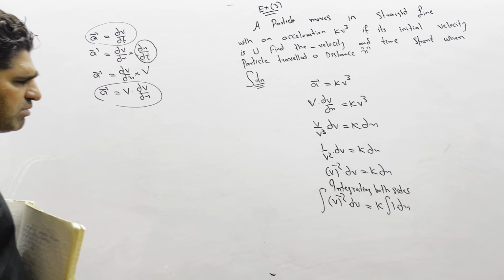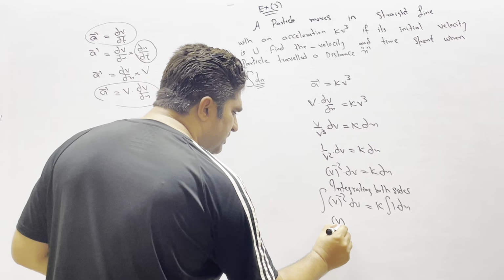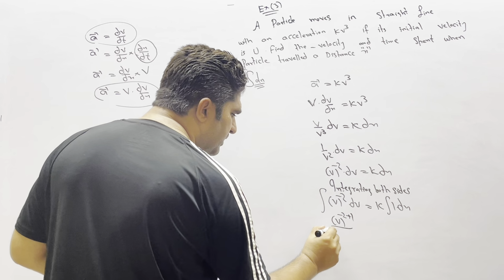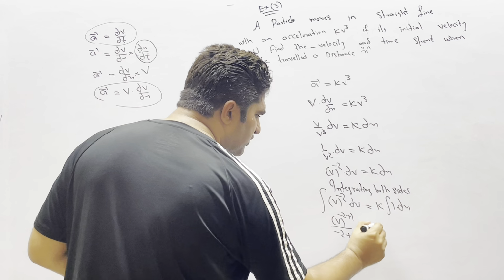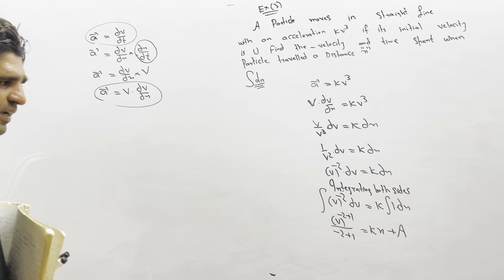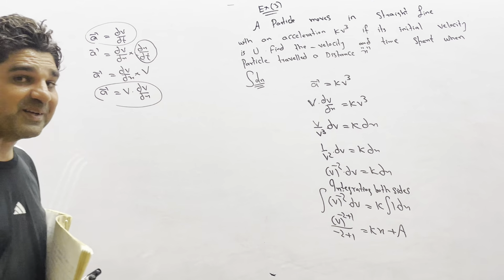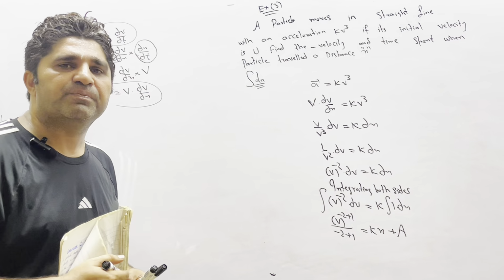You know the power rule: integration of v power minus 2 will be v power minus 2 plus 1 over minus 2 plus 1. The integration of 1 with respect to x is x, and I place here capital A. Capital A is a constant of integration, and its value can be found by using the initial condition.